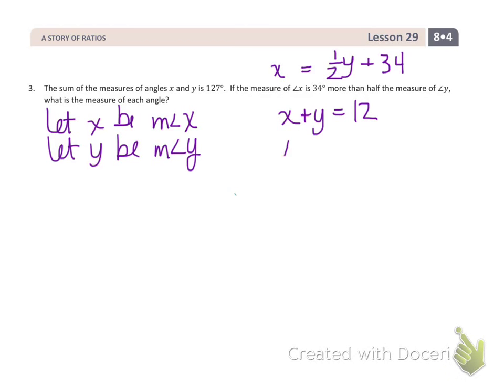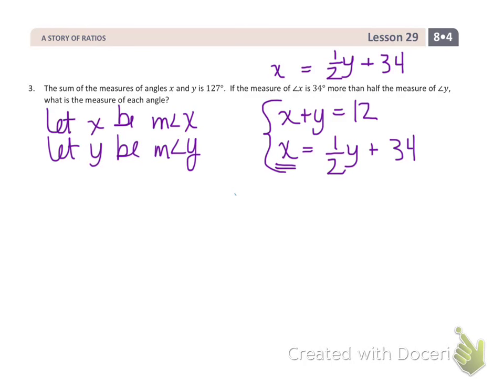So I've got x is equal to 1/2 y plus 34. Now that we have our system right here, let's talk about how we would solve it. I'm noticing that I've got x equals all this stuff right here, so I'm thinking substitution is a good method here.